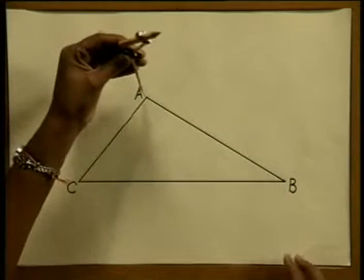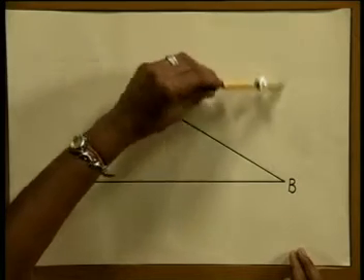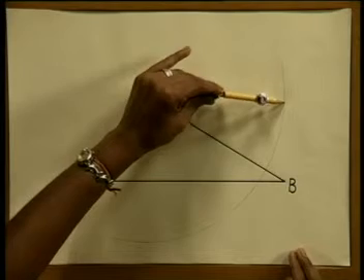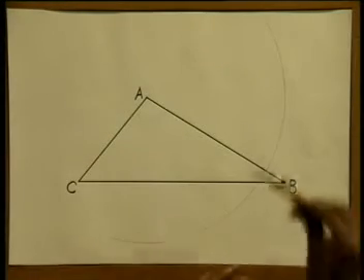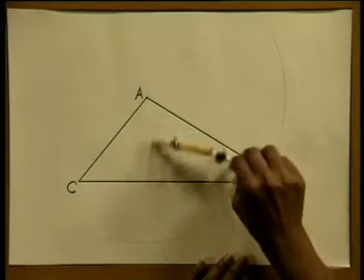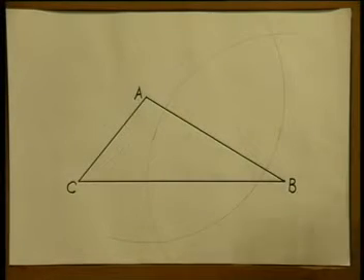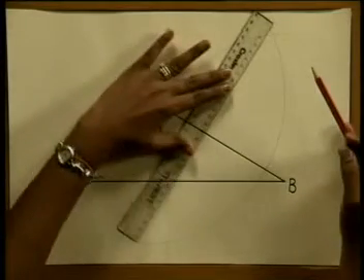Place your compass point at A and draw an arc. Just make sure that our arc is wide enough. Using the same radius, draw another arc from point B. Using a pencil and a ruler, join the points where these arcs intersect.